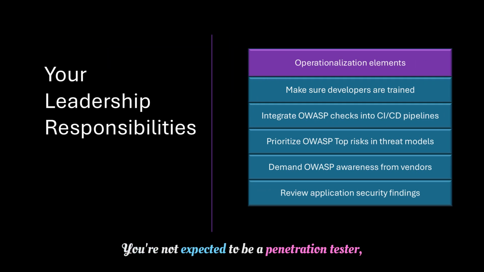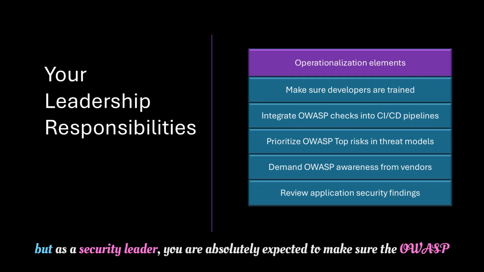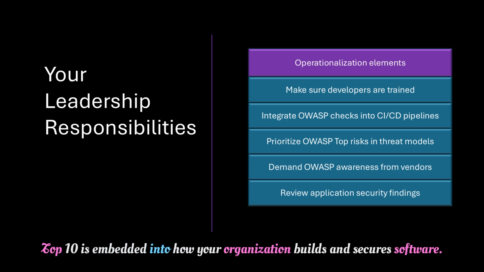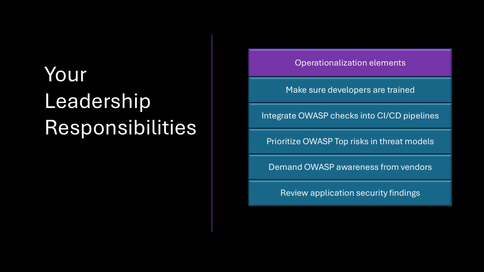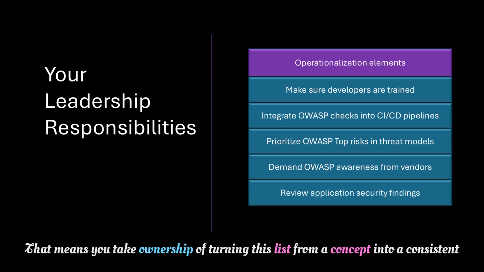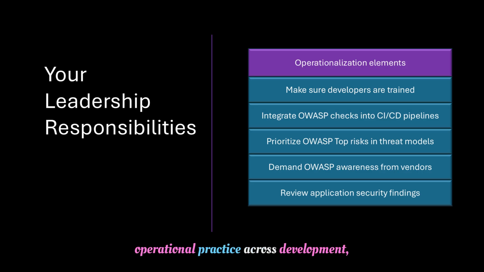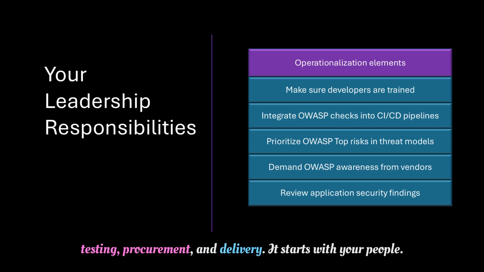You're not expected to be a penetration tester, but as a security leader, you are absolutely expected to make sure the OWASP Top 10 is embedded into how your organization builds and secures software. That means you take ownership of turning this list from a concept into a consistent operational practice across development, testing, procurement, and delivery.